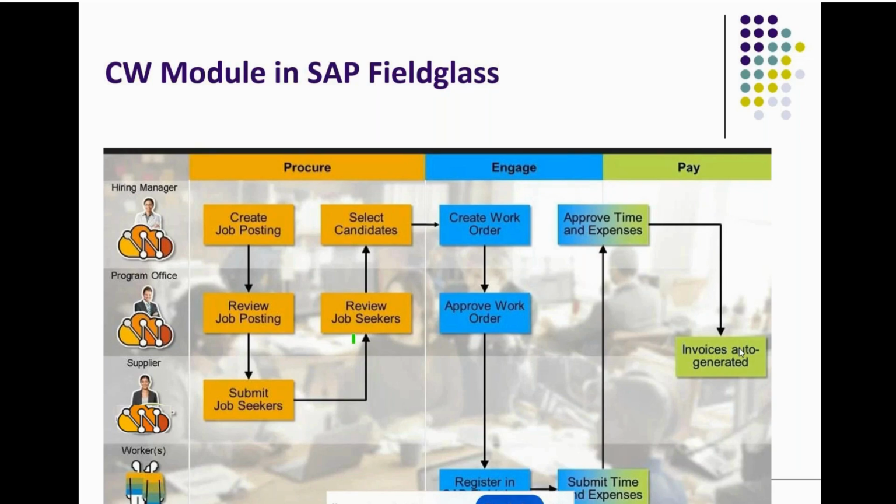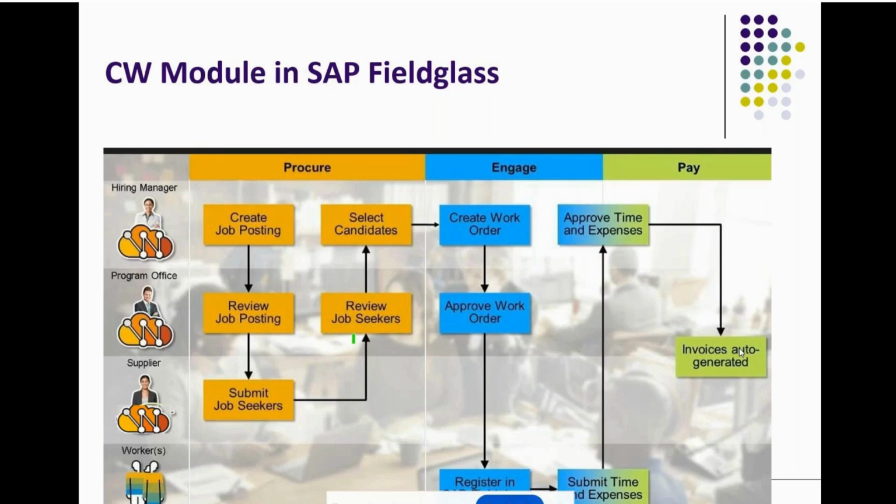Job posting also includes what rate we are going to provide to the supplier or worker who is going to work. So every detail goes into the job posting, and in this way the draft is created and reviewed by the program office or buyer side. Then it is submitted to the supplier, who sees what is required and submits job seekers.